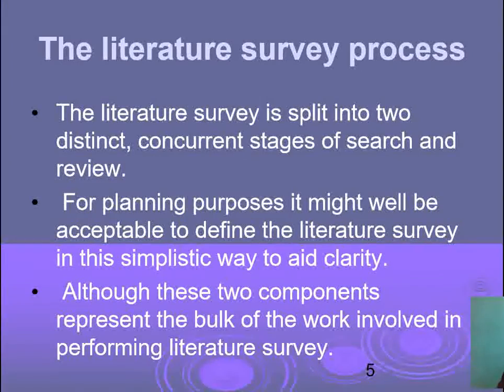The literature survey process is split into two distinct concurrent stages. One is search, the second is review. So, for the purpose of understanding it better, we are going to look at it in this simplistic way for having clarity. However, these two components represent the bulk of work that is involved in performing the literature survey.